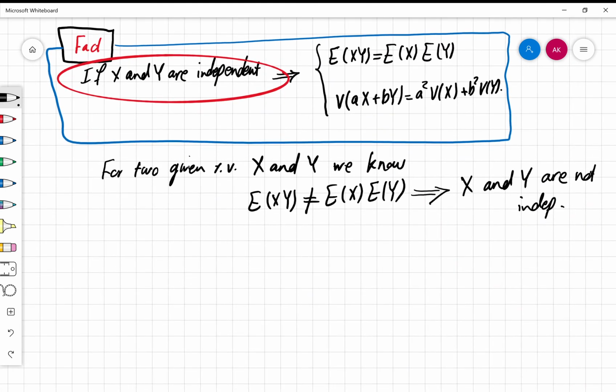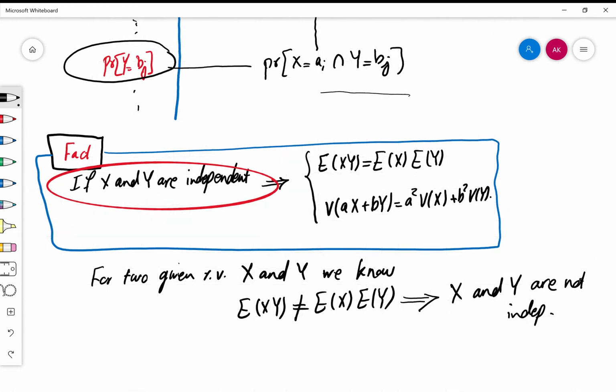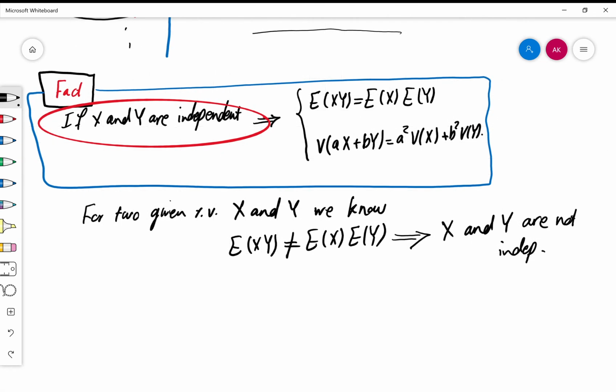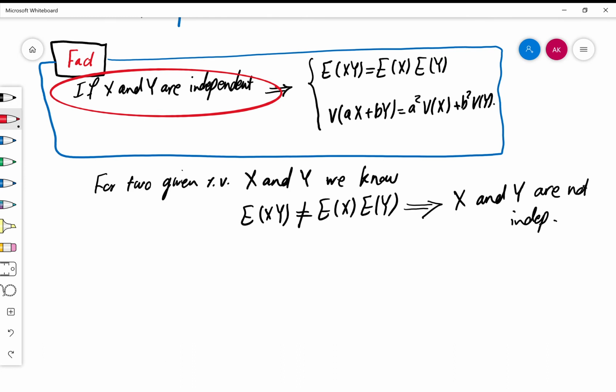This is the new approach. Sometimes computing all those values in the table is not easy. It just takes more time. But if we can find this kind of information, compare these, and see that they are not equal, we have a statement saying that X and Y are definitely not independent. So let me write the new approach.